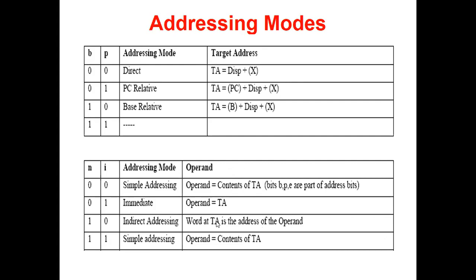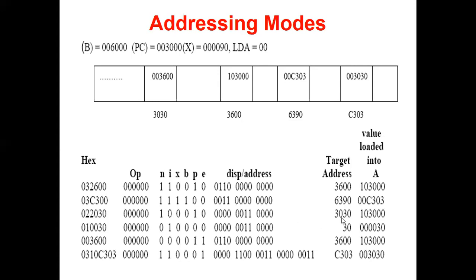So when we come here, the target address is 3030, which is this one. Now the contents of the target address 3030 is the address of the required operand. So you look for the memory location 3600, and it is this one. Then its contents is the required operand.